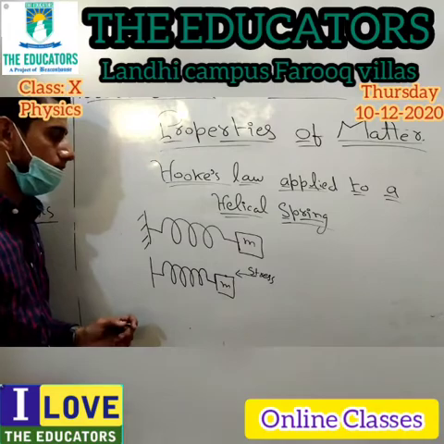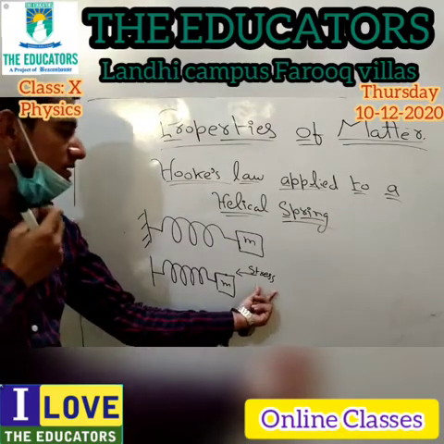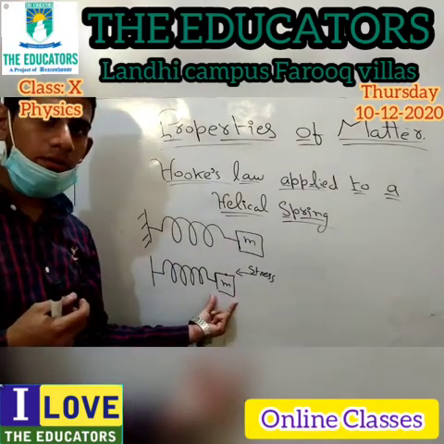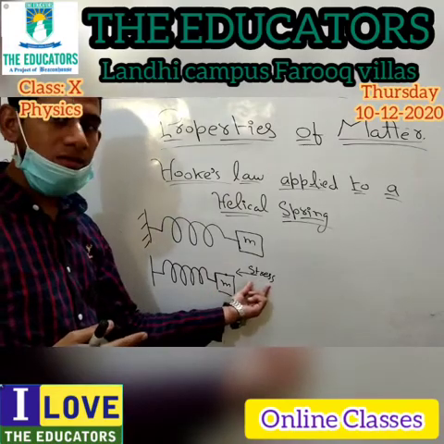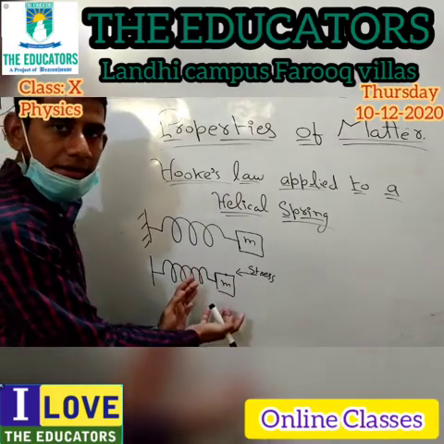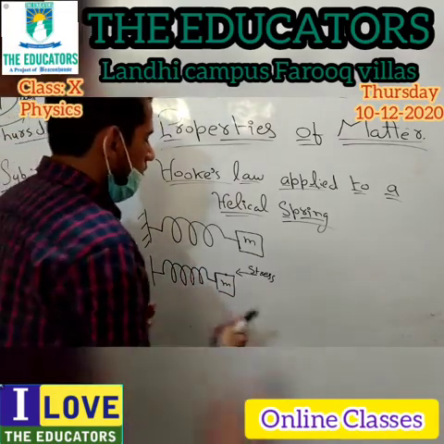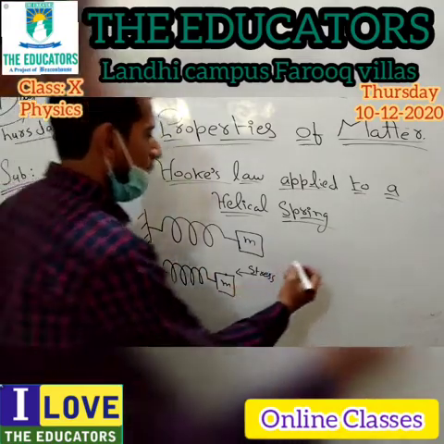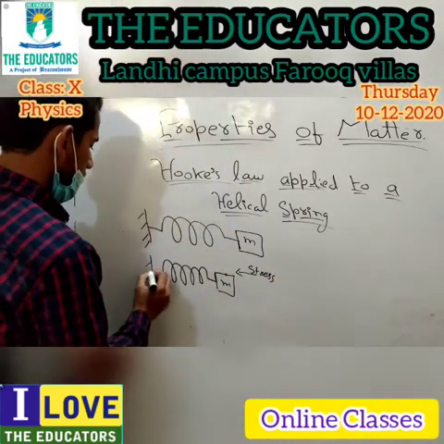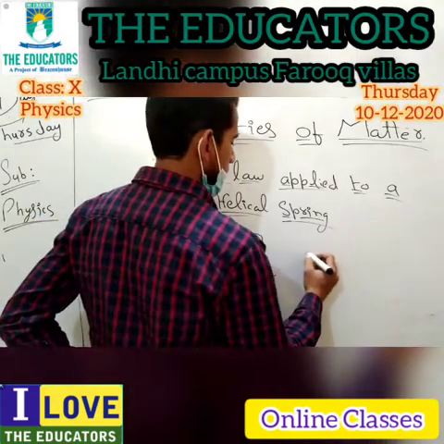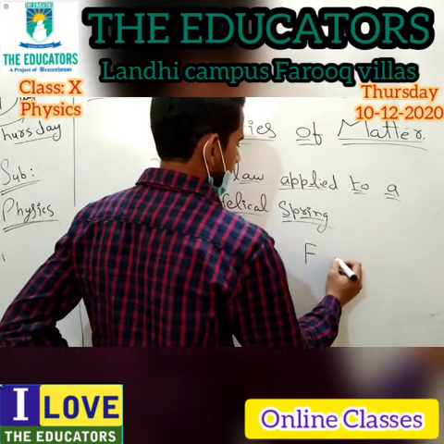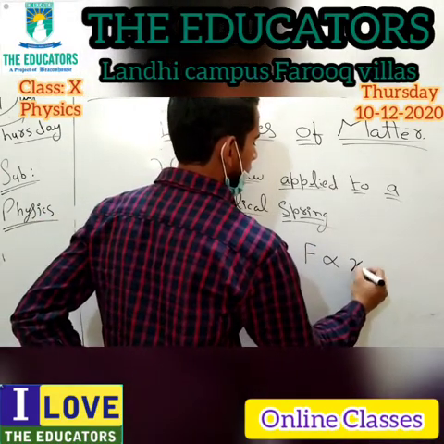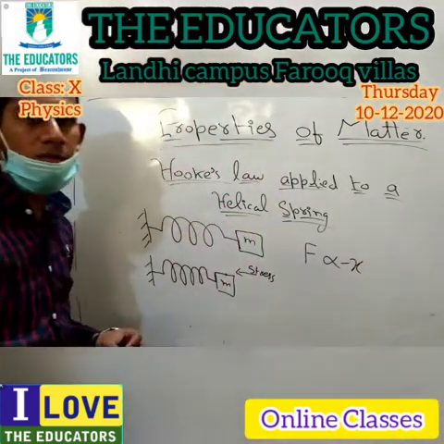So if you apply a certain stress here, it is deformed. After applying stress here, there is a certain strain, a longitudinal strain. Now I'm writing an expression here: the greater the force, the greater will be the displacement from the mean position.